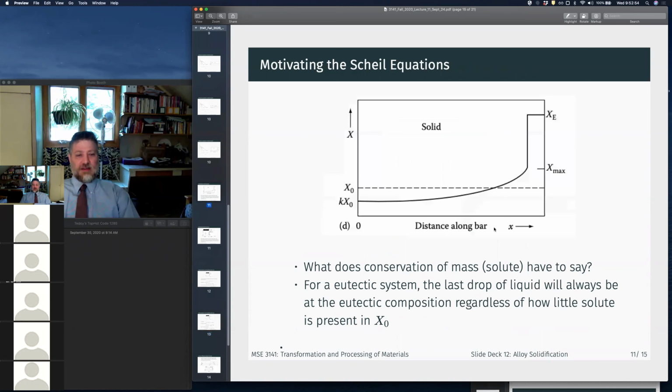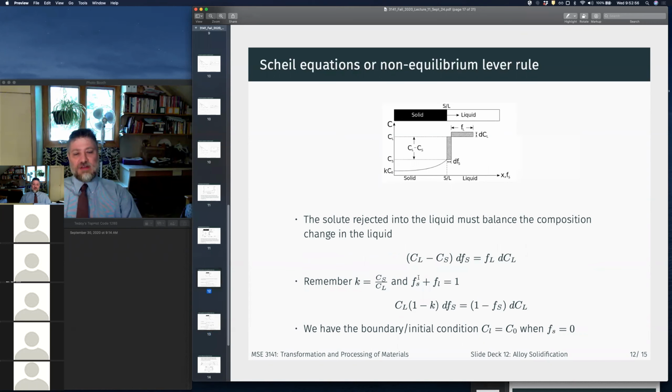What is F again? F is the fraction of the solid, the fraction that's frozen, if the whole bar has length 1. So this is about phase, not composition. It's just what percentage of my bar is solid and what percentage of my bar is liquid, or how far along the length of my bar this interface is.